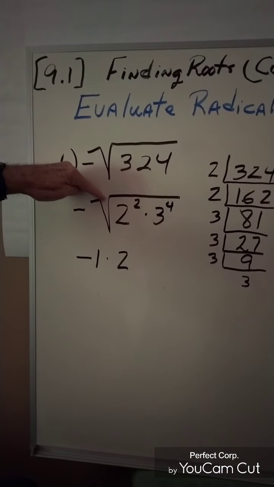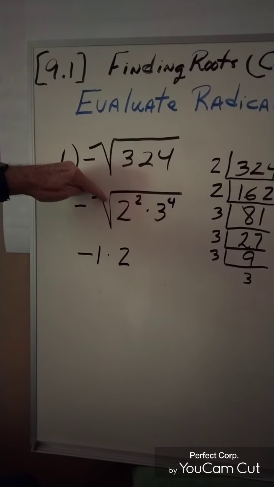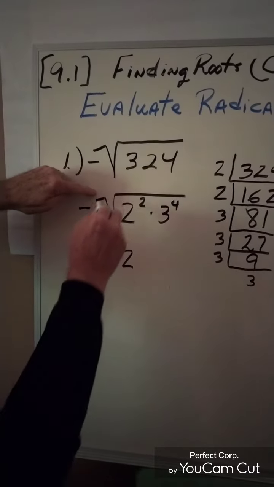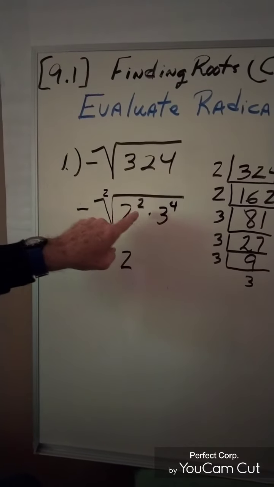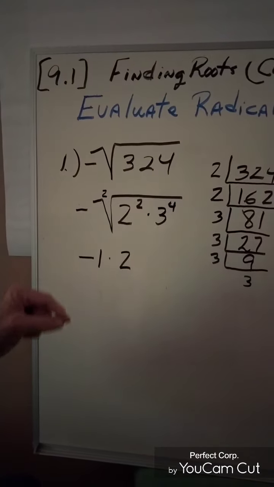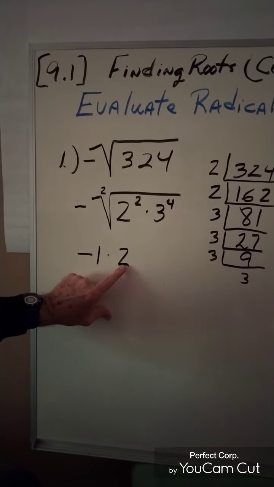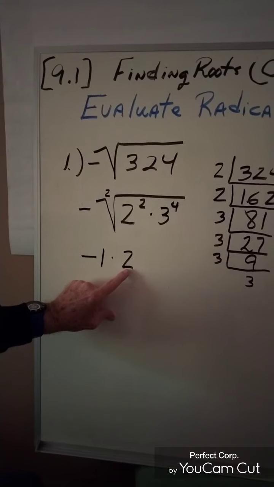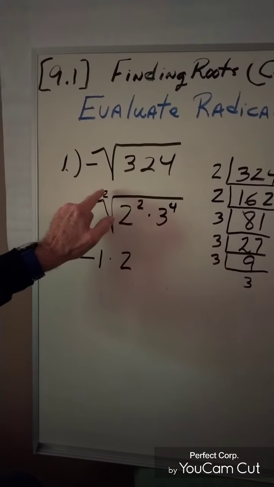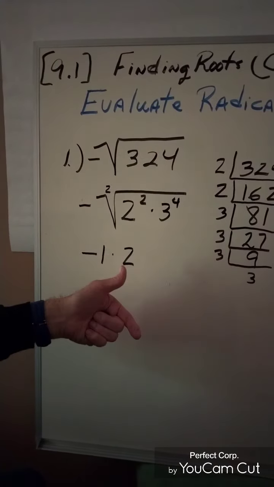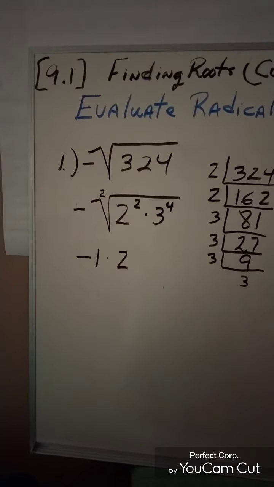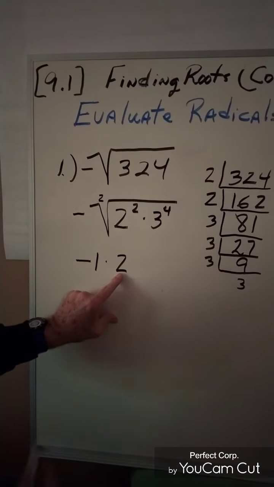The index number is a 2 because this is square root. If we divide 2 by 2, we get 1. So that means the square root of 2 to the second would be 2 to the 2 divided by 2, which would give us 2 to the 1, or just simply 2. And we'll just leave it that way.